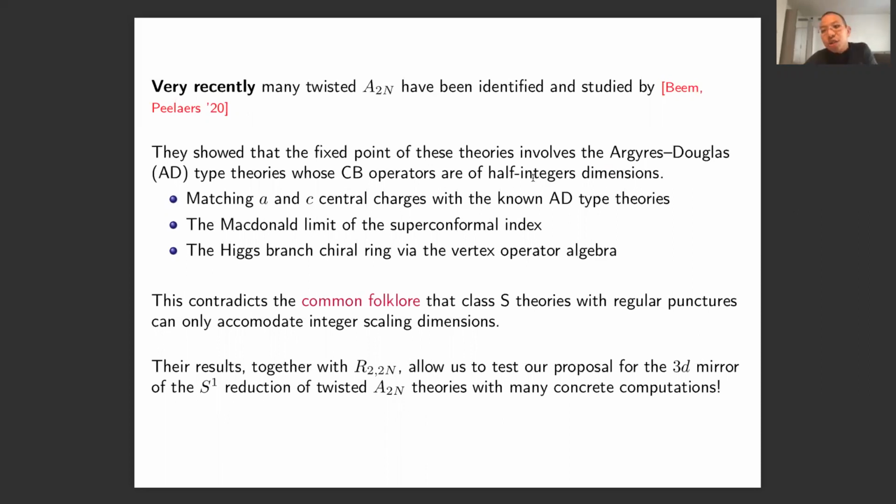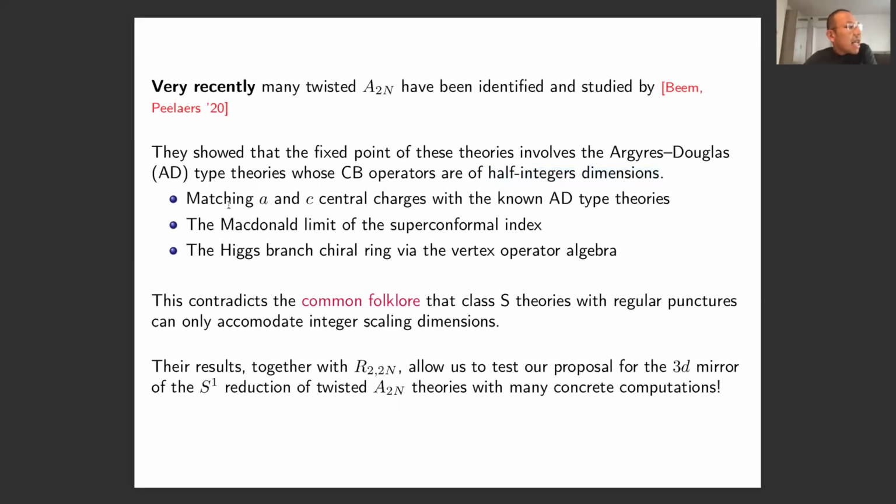Okay, so they show that this type of theory belongs to this class, which is quite surprising if you think about it, because we were taught as a law that class S theory with regular punctures, including the twisted ones, can only accommodate integer scaling dimensions. But what is surprising is that half integer dimensions also belong to this class, and this is, to me, quite surprising.